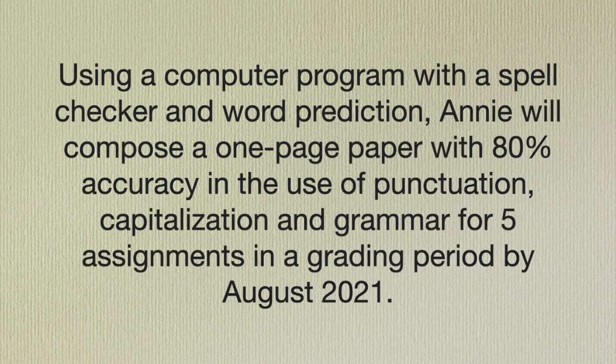Here's an example. Using a computer program with a spell checker and word prediction, Annie will compose a one-page paper with 80% accuracy in the use of punctuation, capitalization, and grammar for 5 assignments in a grading period by August 2021. Notice how we're not saying it has to be a desktop computer or a Chromebook or an iPad.